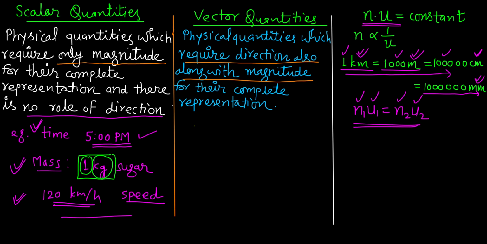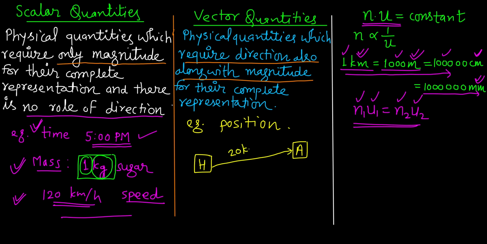Let's try to understand it by an example. A very simple example of a vector quantity is position. Suppose this is the location of your home on the map, and this is the location of the airport. Someone, some guest, has come to your home and asks you how to reach the airport, and suppose the airport is 20 kilometers from your home.